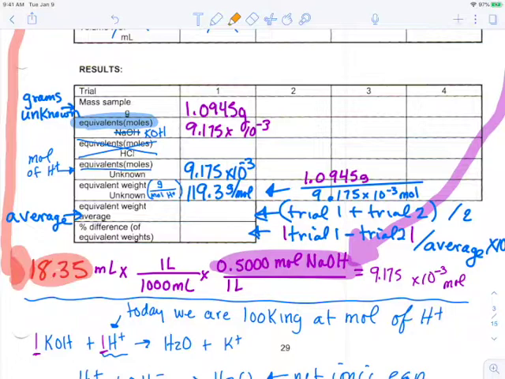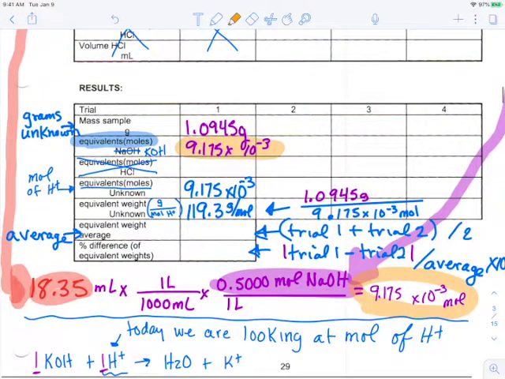And again, remember, it's got to be your molarity, not this 0.5 here. And that's how you're going to get that 9.175 times 10 to the negative third moles. It's this value right here. And I know I'm going through this kind of fast, but any questions on how you're starting with your volume of KOH using your molarity to find the moles of KOH?